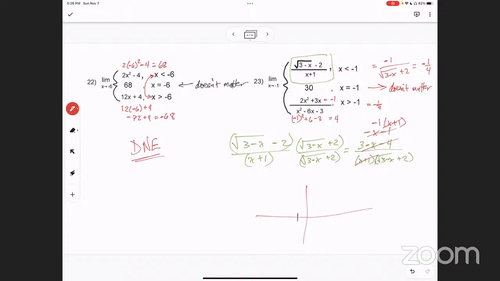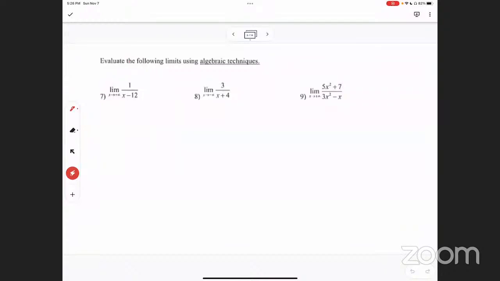The function value is 30, it's way up here, but you would expect the function value, whether you're coming from the left or the right, to be -1/4. That's the idea behind limits.